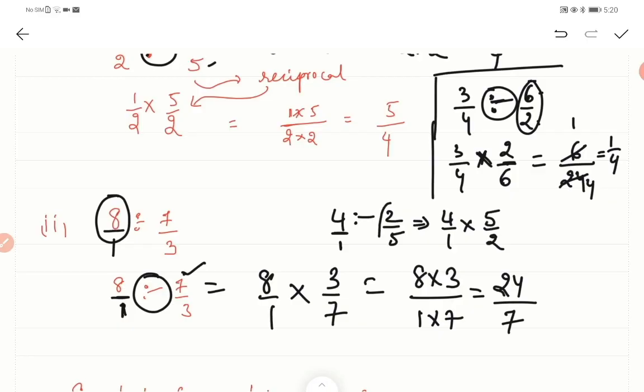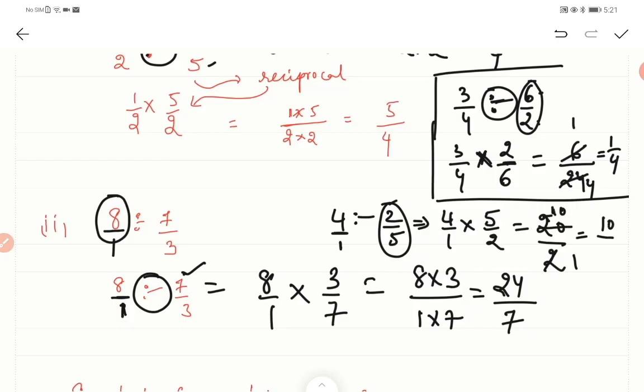The reciprocal of this is 5 by 2. So what is the answer? 5 fours are 20 divided by 2. So I can cut this, 2 ones are 2, 2 tens are 20. So this will be 10 by 1, or 10, it is one and the same.